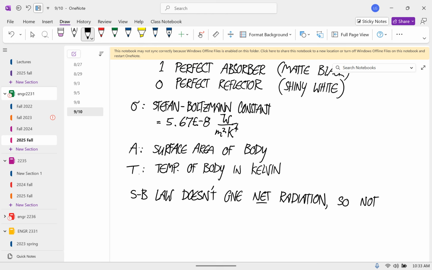So this is not useful for the first law. Because the problem is we can calculate how much energy is going out of a body due to radiation, but this doesn't give us a way to calculate how much energy is coming into the body from radiation. And that's really what we need, is the total change in energy.